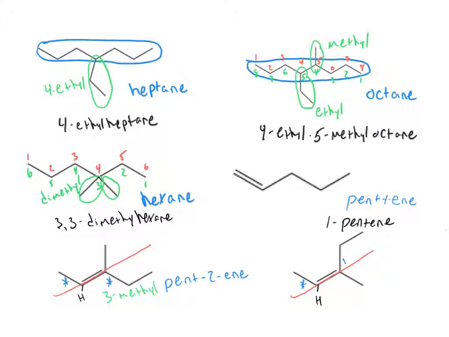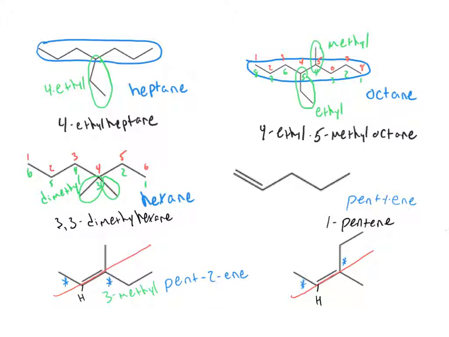Therefore, our ethyl being more important, we can see that our more important structures are on the same side of the double bond in this molecule, as opposed to the opposite side of the double bond in this molecule. When our more important groups are on opposite sides, we call that trans. When our more important groups are on the same side, we call that cis.